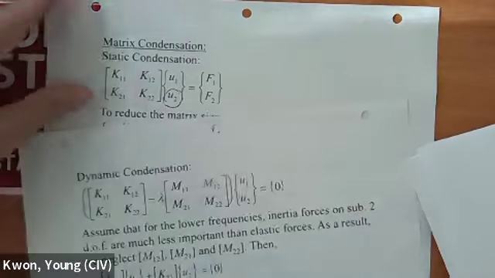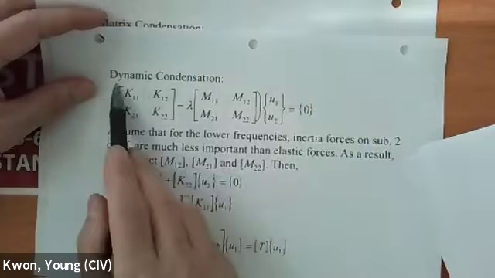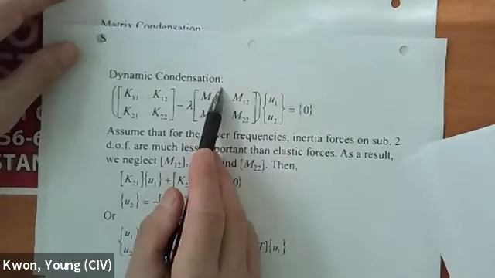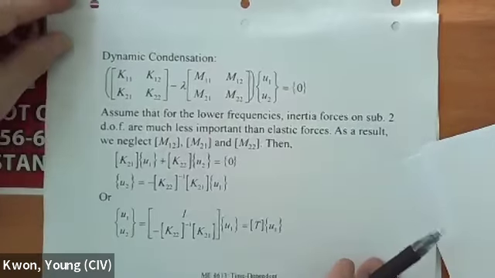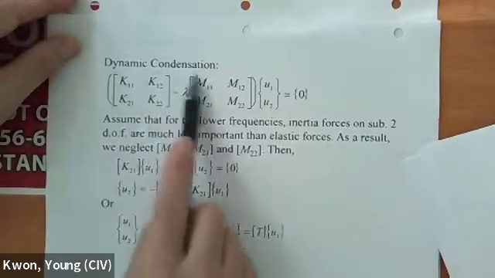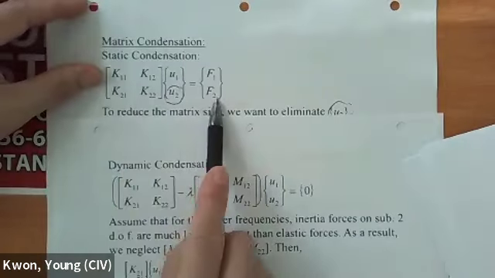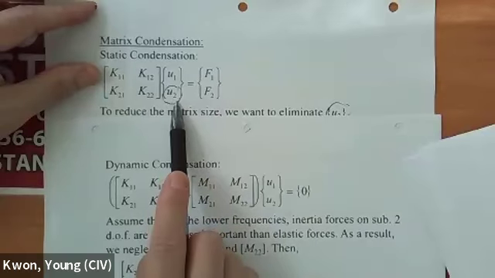But the counterpart, dynamic condensation, has been more frequent in the past, especially when computing power was limited. Finding the inverse of a matrix takes some computational time, but finding eigenvalues and eigenvectors takes much more computational effort.